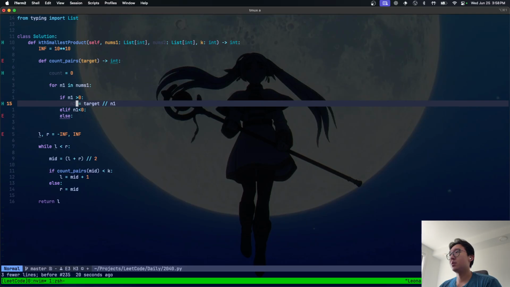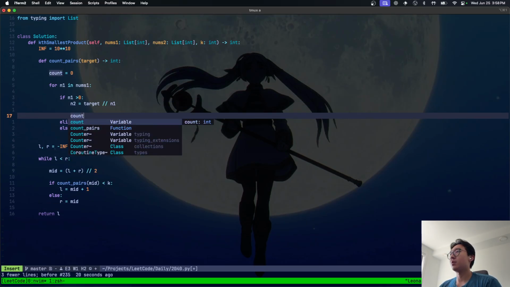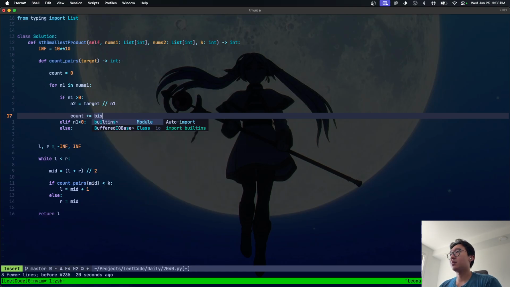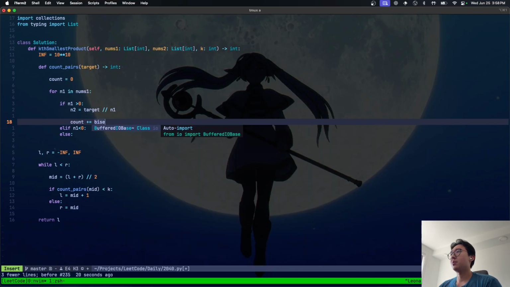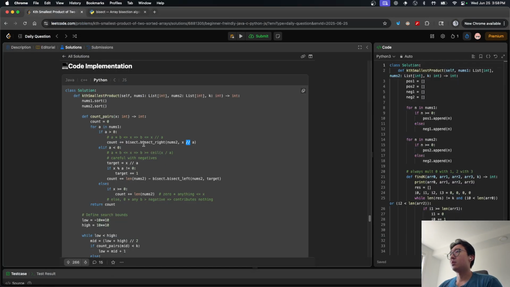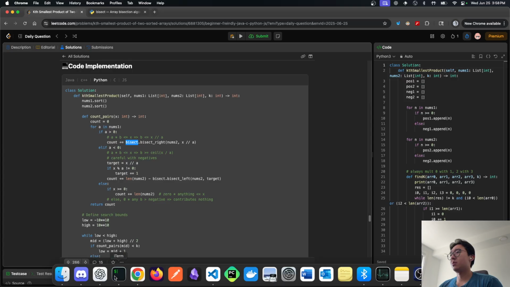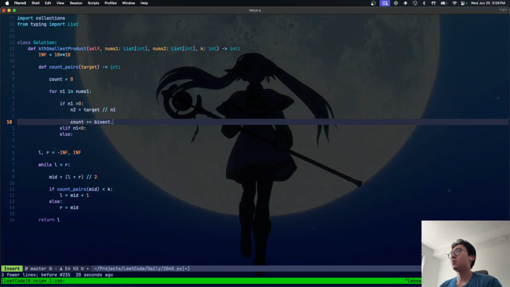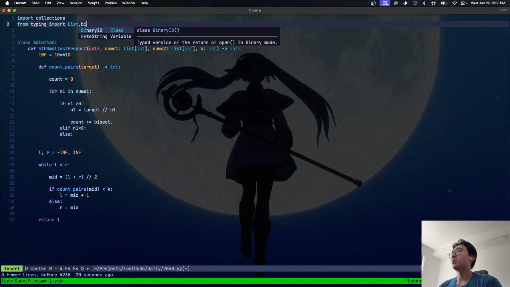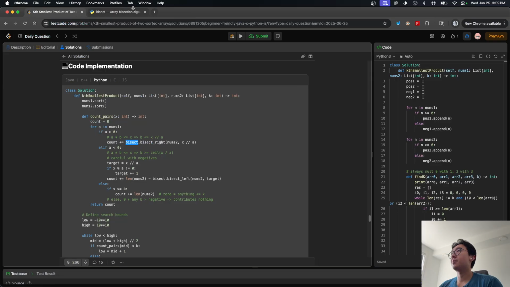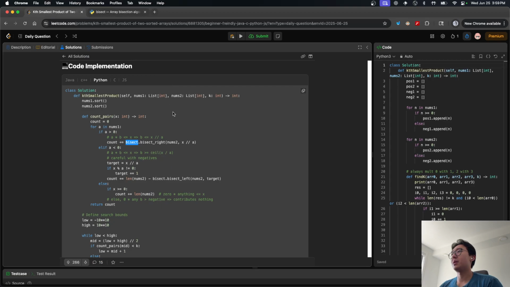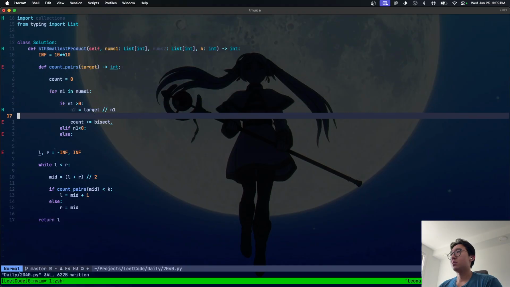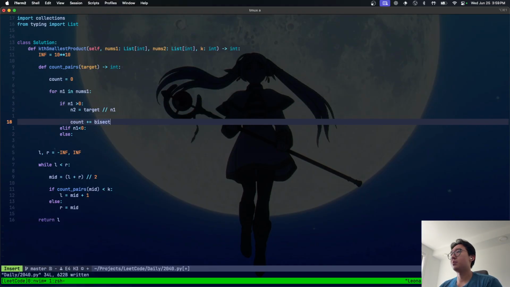count plus equals bisect... I don't even know where the bisect thing is imported.